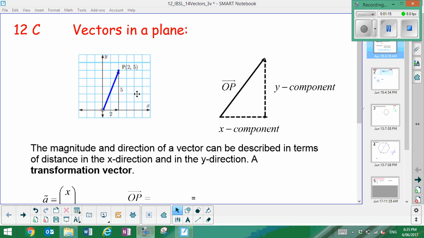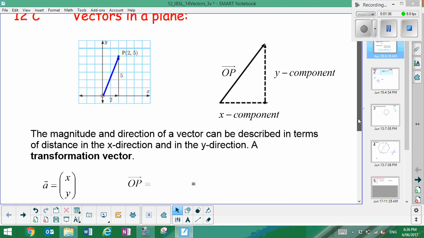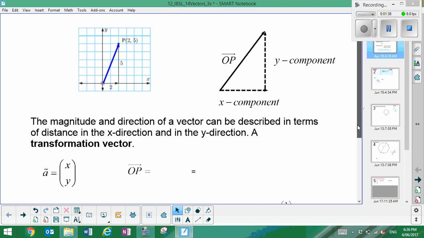So we can see we can get from O to P by going 2 in the X direction and 5 in the Y direction. So we've got an X component and a Y component of our vector. And the magnitude and direction can be described in terms of the distance in the X direction and the Y direction. It's like that transformation vector that we did with transformations of functions.